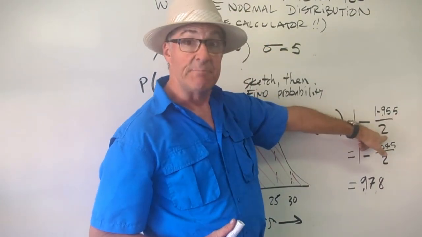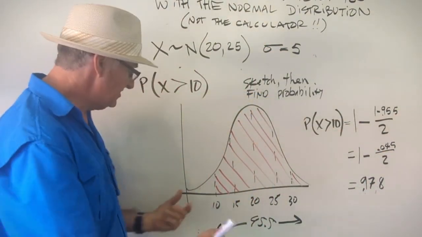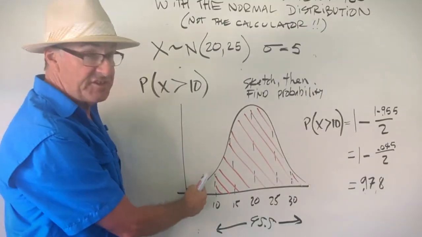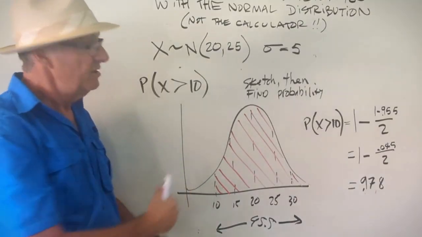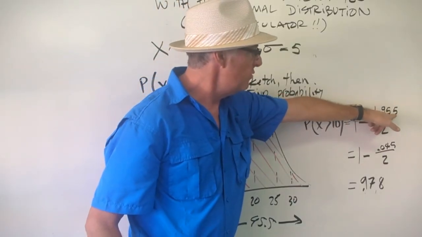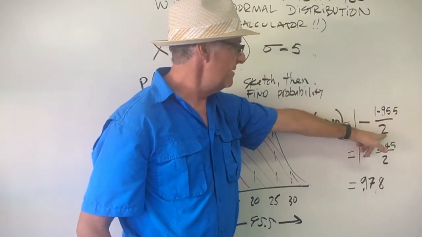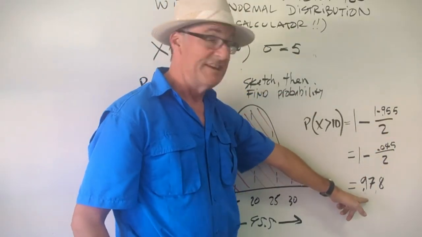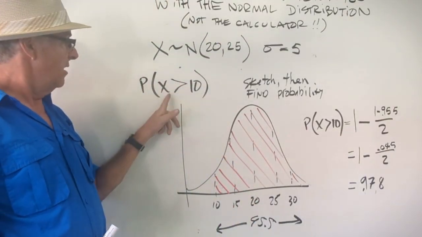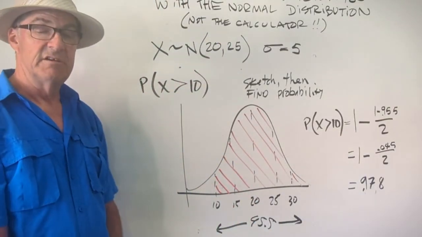But we have to divide it by 2 because half of that stuff is here, which we want to count. The other half is here, and this is what we're trying to find. So 1 minus 0.955 divided by 2 is going to give us 97.8% chance of random variable x being greater than 10.